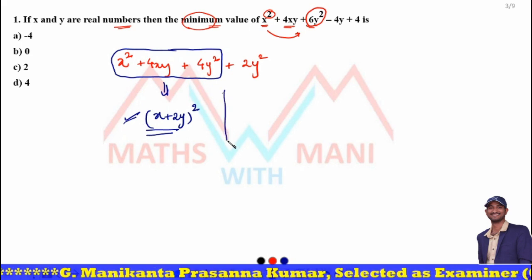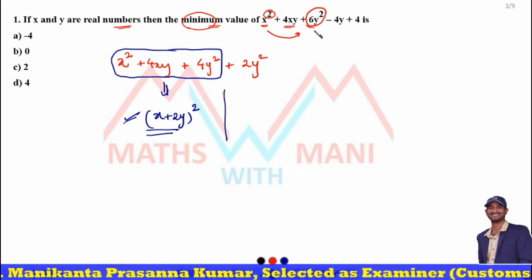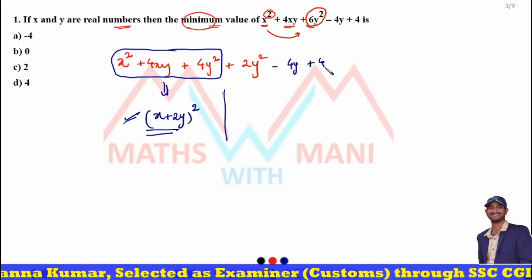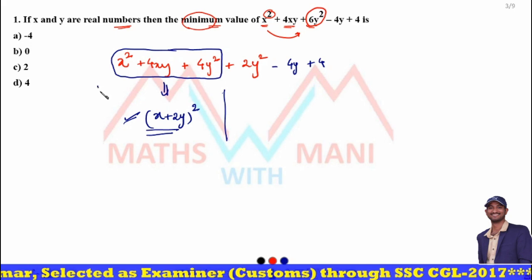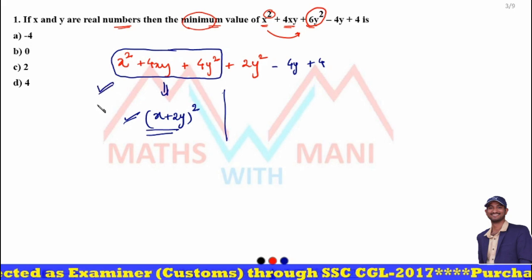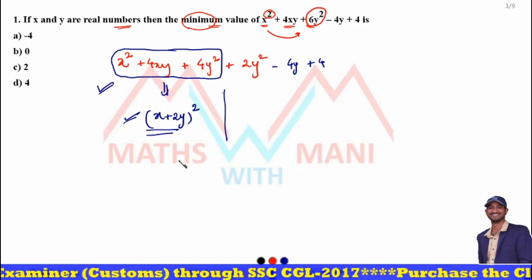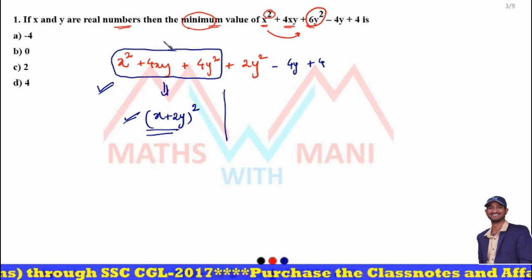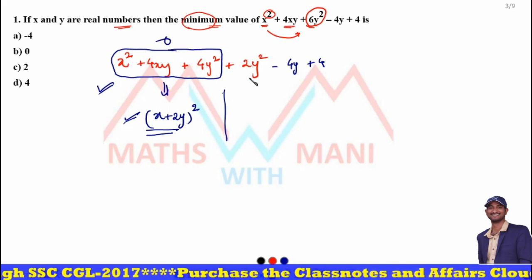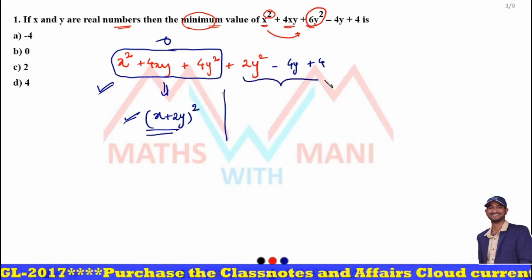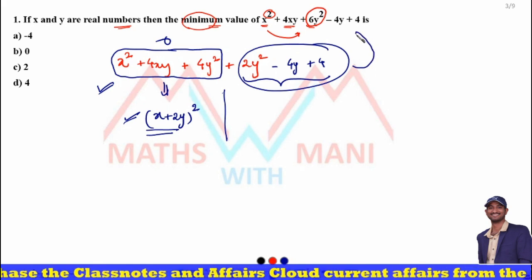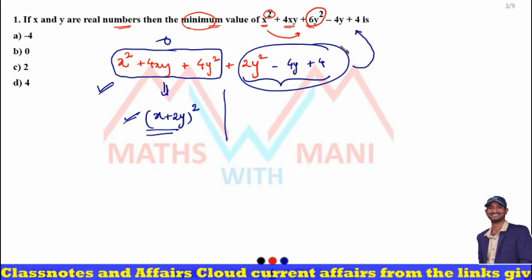Next, what is the remaining term? 2y square minus 4y plus 4. Since this is a perfect square term, its minimum value is 0, so the minimum value of the remaining expression is the minimum value of the overall expression.